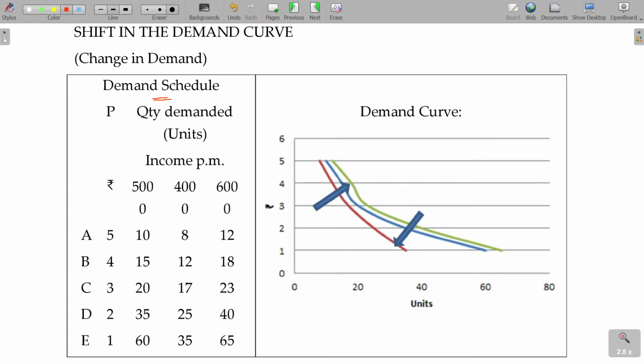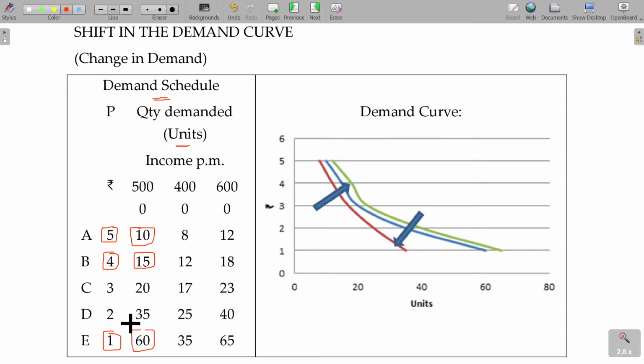Demand schedule. If the price of the commodity is 5 rupees, quantity demanded in terms of units is 10. If the price decreases to 4, the quantity demanded increases to 15. Similarly, if the price reaches 1, quantity demanded increases to 60.